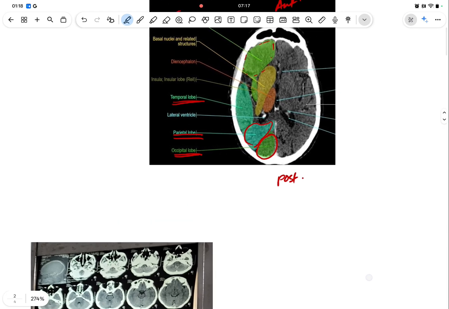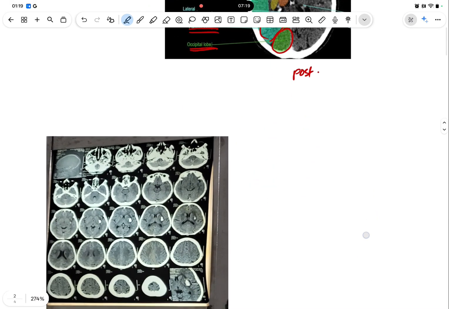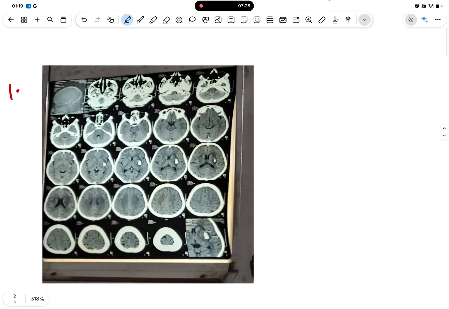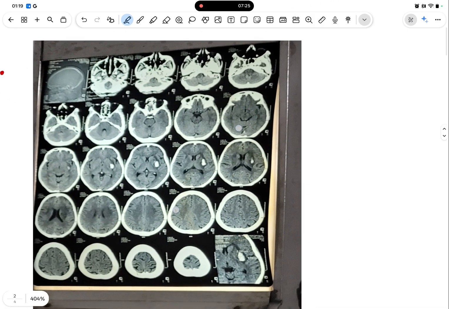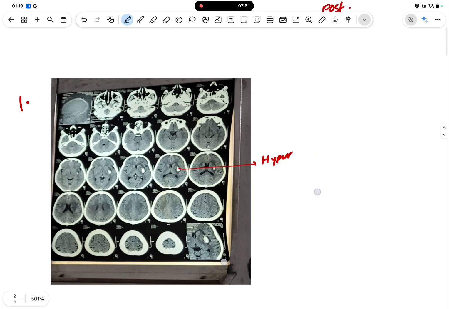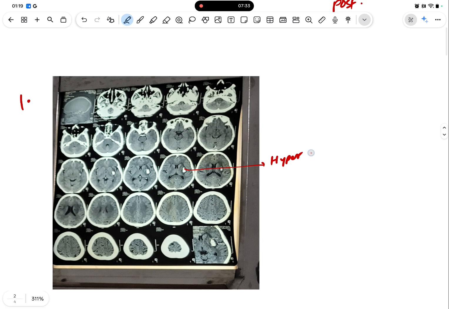So let us solve a few important CT scans. Clearly see, this is called a hyperdense lesion. So it is clearly a hemorrhage.